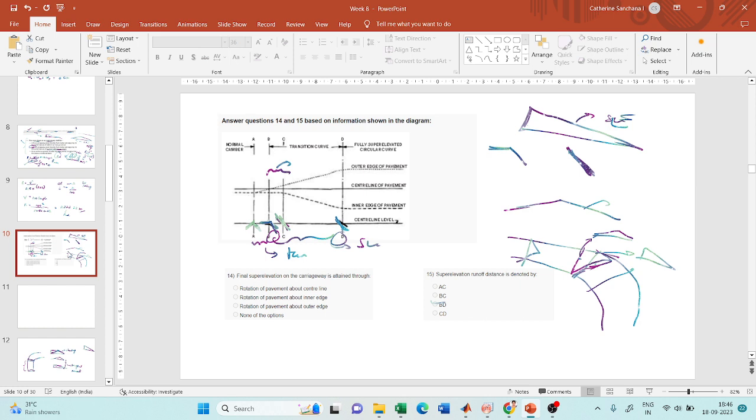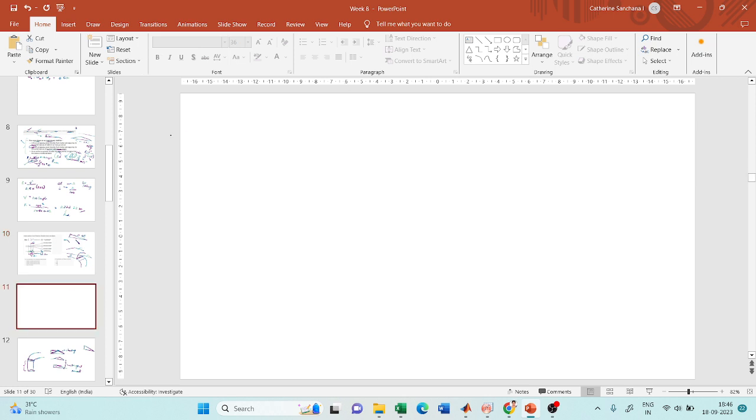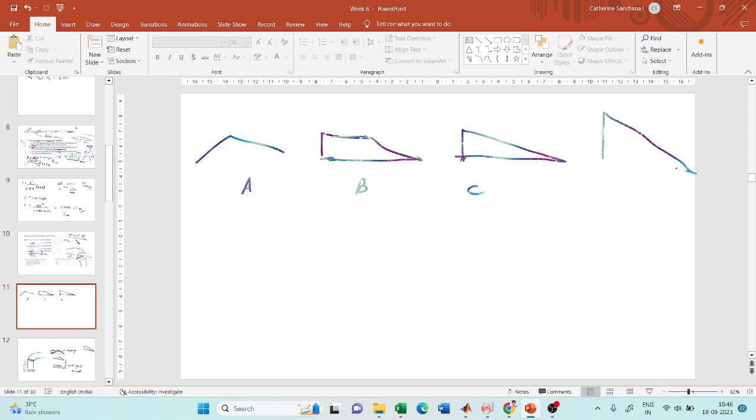Okay. So this is A, this is B, this is C, and then there's one more, D. If you see, this is the tangent runout.